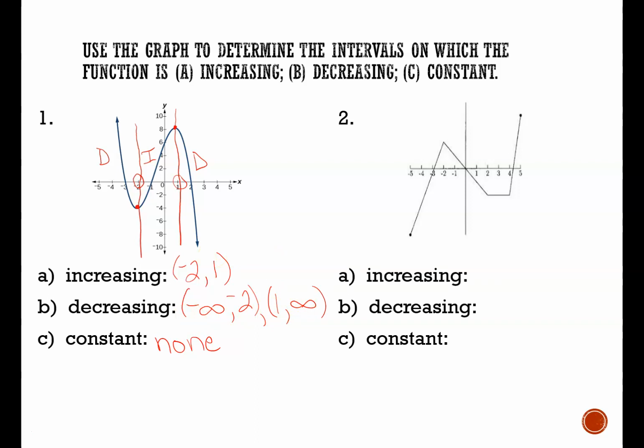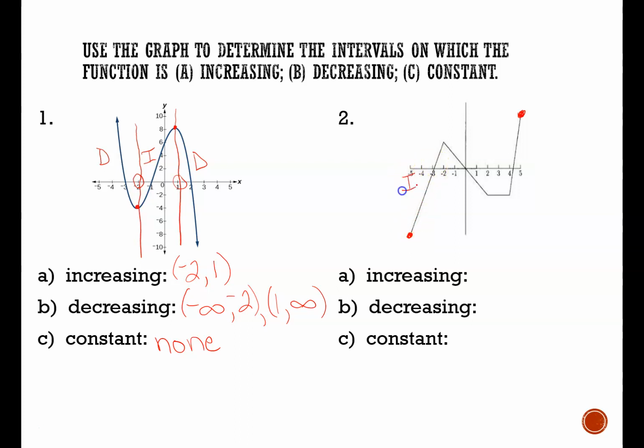Okay, graph number 2 has endpoints. They're closed circles. They're kind of small, so you may not be able to tell very well, but this is a closed circle and this is a closed circle. So let's go ahead and label before we start listing our intervals. We start here at this left point. As we go to the right, we're going up.